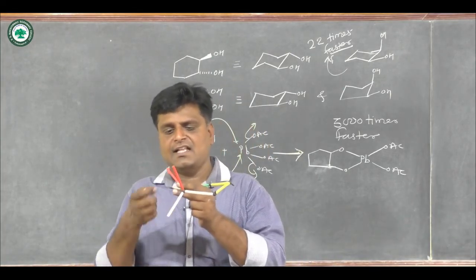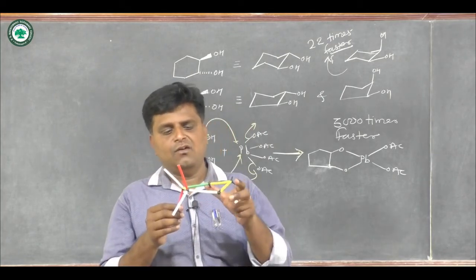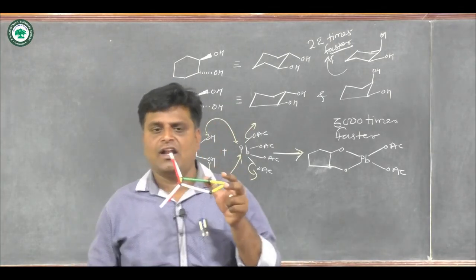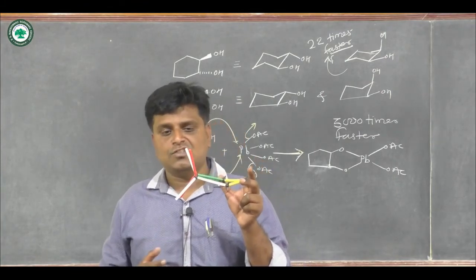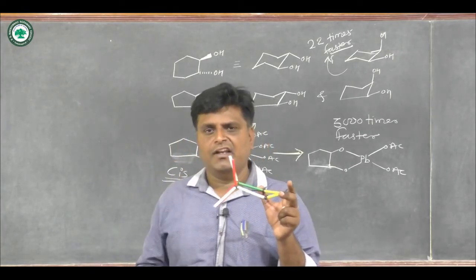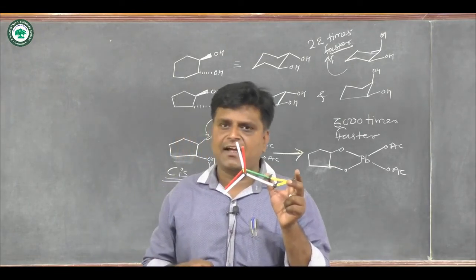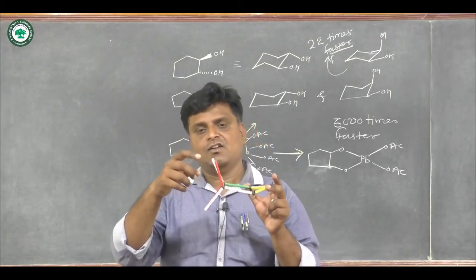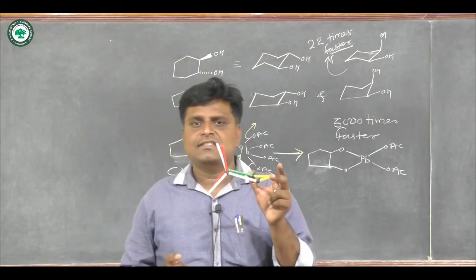When we talk about a trans 1,2-diol, now we have this structure, trans 1,2-diol, and in that case the dihedral angle between these two hydroxyl groups is nearly equal to 180, or somewhat less than 180, a large angle, so it is very difficult to make the cyclic 5-membered ring.